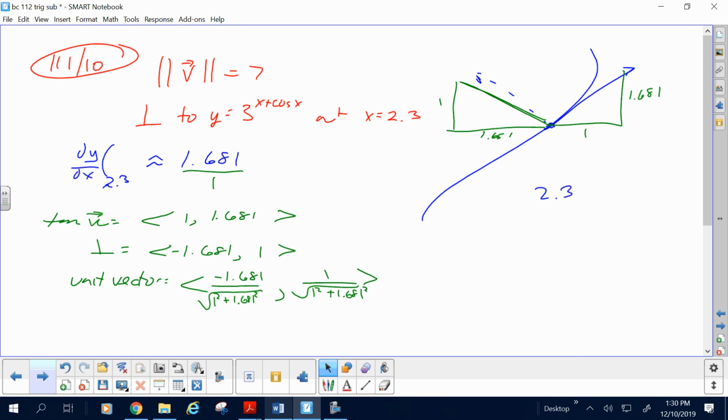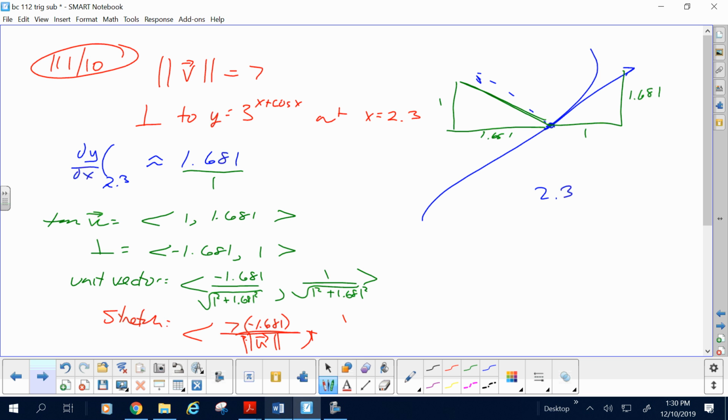Multiply by a factor of 7. So it's 7 times negative 1.681 over the magnitude of the vector, and 7 times 1 over the magnitude of the vector. Okay?